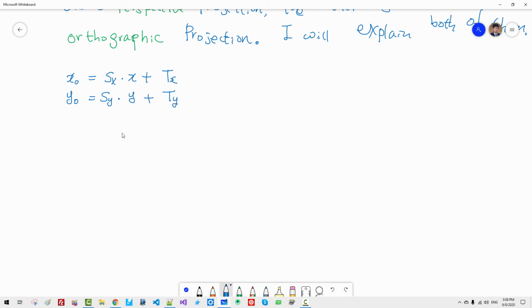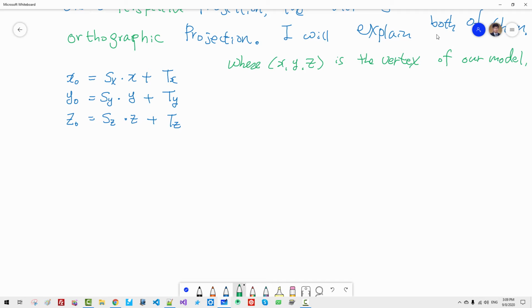Now we expand to 3D. zo, the z coordinate in the OpenGL viewport, is sz times z plus tz, where x, y, z is the vertex of our model, such as a cube. This is our model. x, y, z represent one vertex in our model.